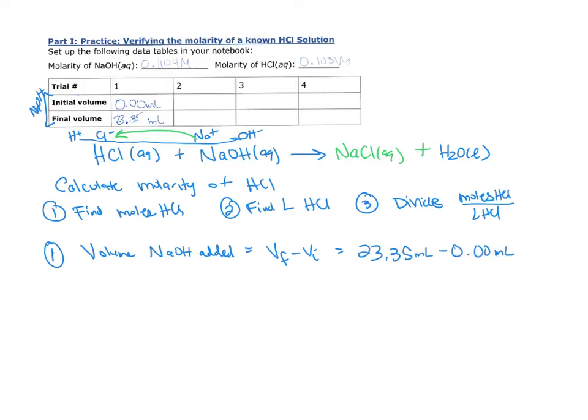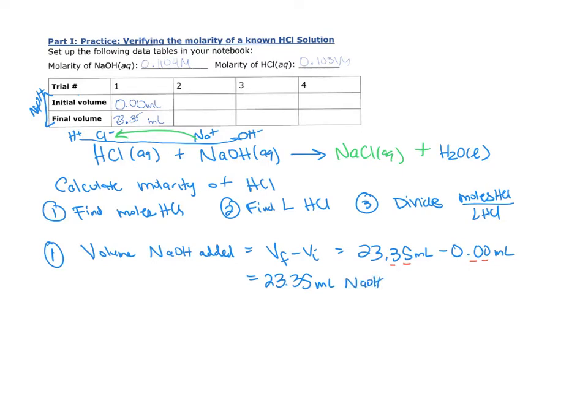It's important to remember anytime we're using a burette, you have to have 2 digits past the decimal point, right? Because we can read to one little increment of 0.1 mL and you estimate 1 digit past that. So for my volume added, this is 23.35 because I started at 0.